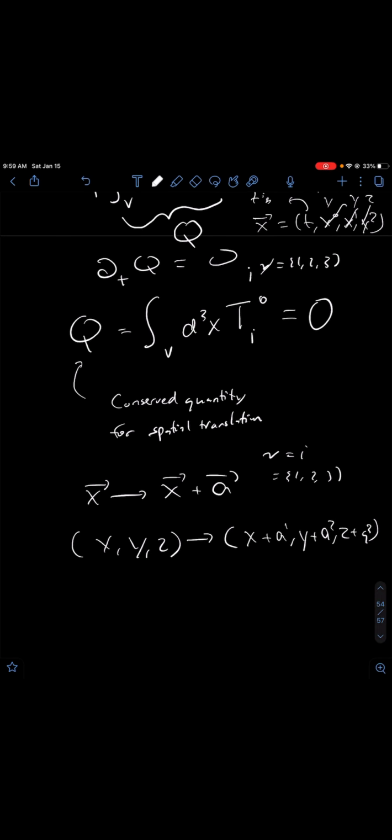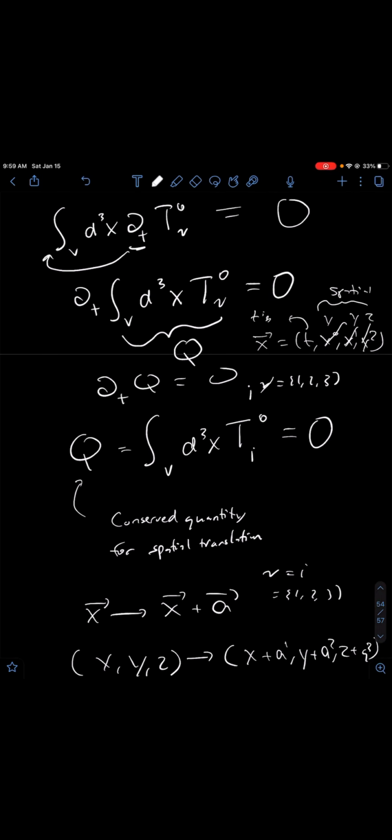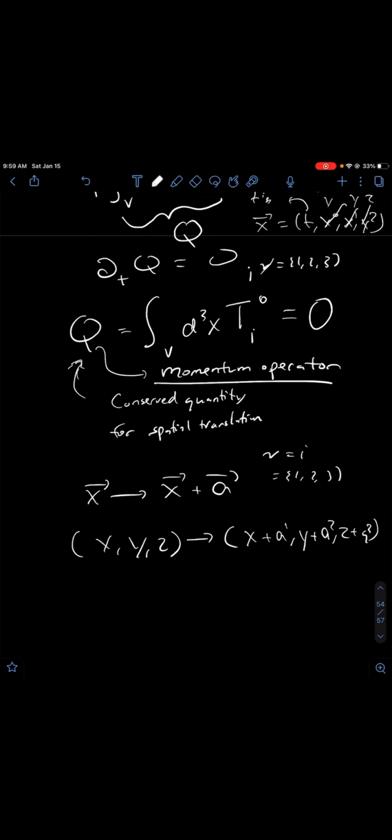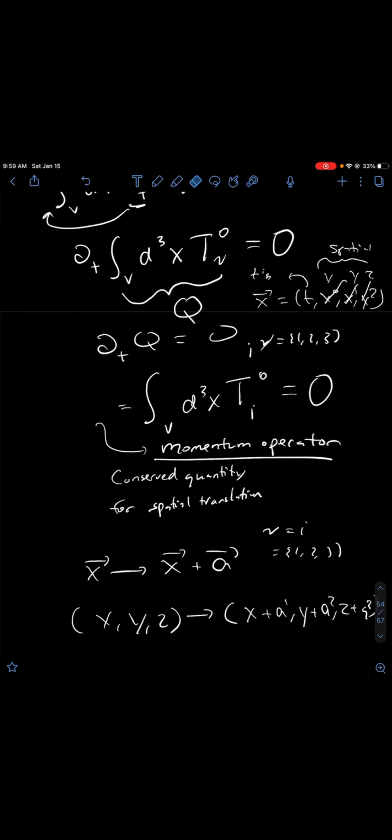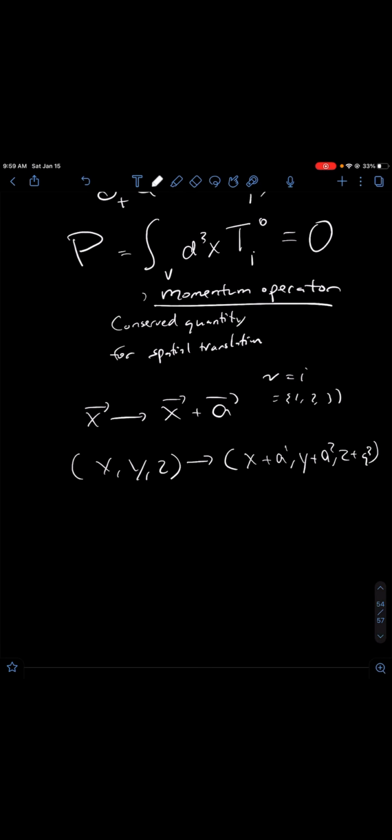So spatial translations give us some conserved quantity Q, and we call Q the momentum operator. That's what we define it as. And we call that P. So let's just relabel this to P. And it turns out, you probably guessed it, that when P acts on some state, it gives us the momentum of the system.